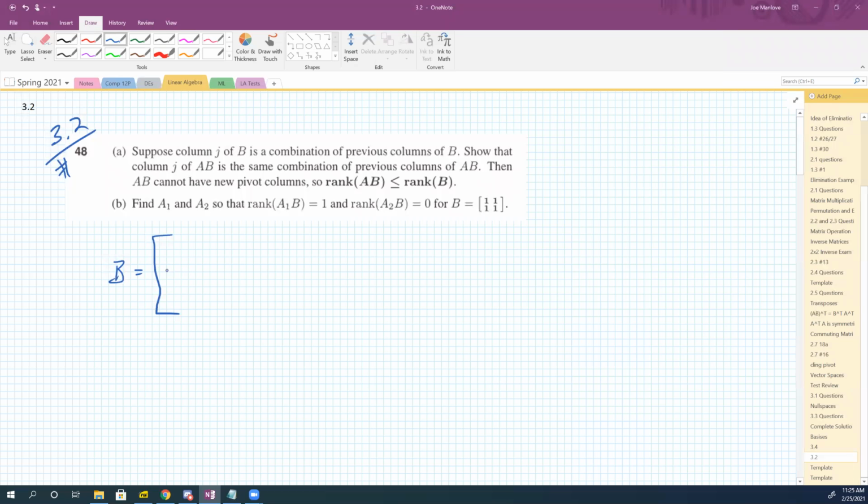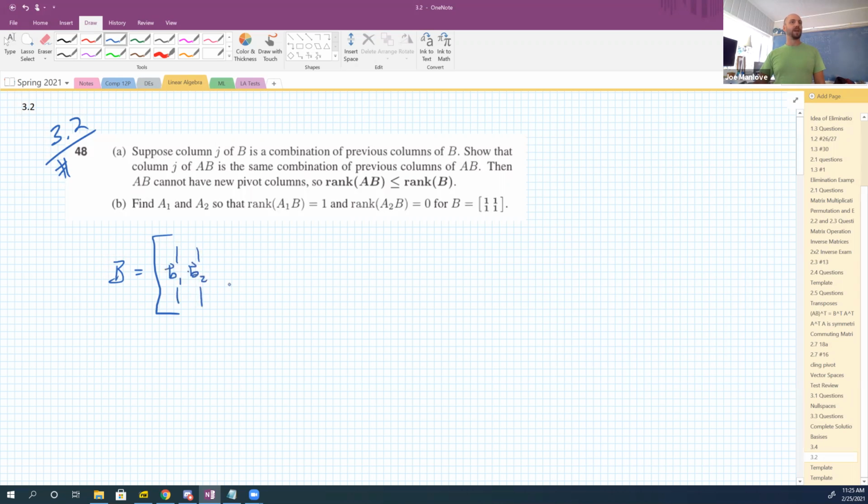Okay, so I'm going to write B out as B1, B2, I'm just making names for columns. And then we're going to go up to column BJ, I suppose. And I'm not really sure whether there are more columns, so maybe we end with column BN. You guys with me on this?